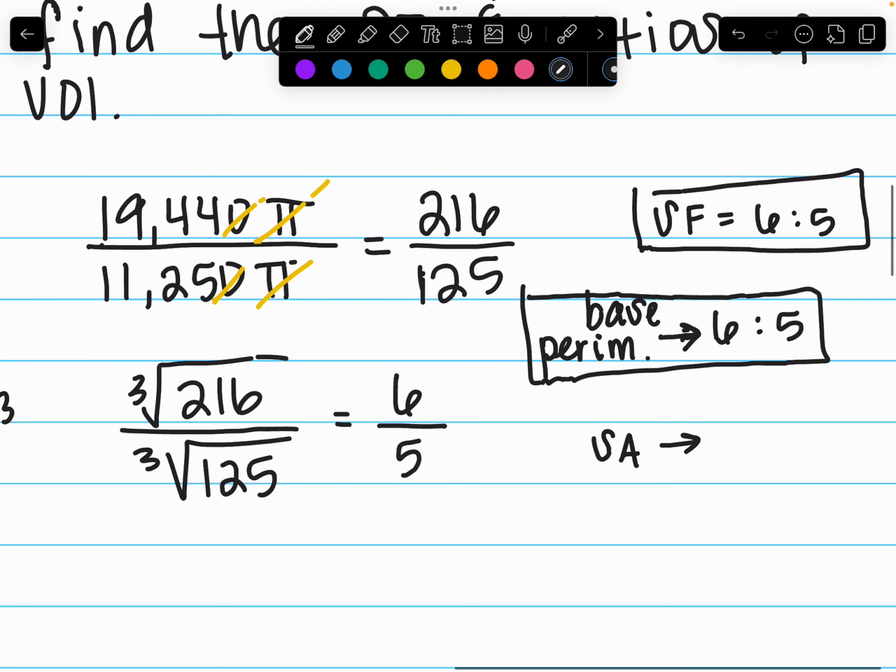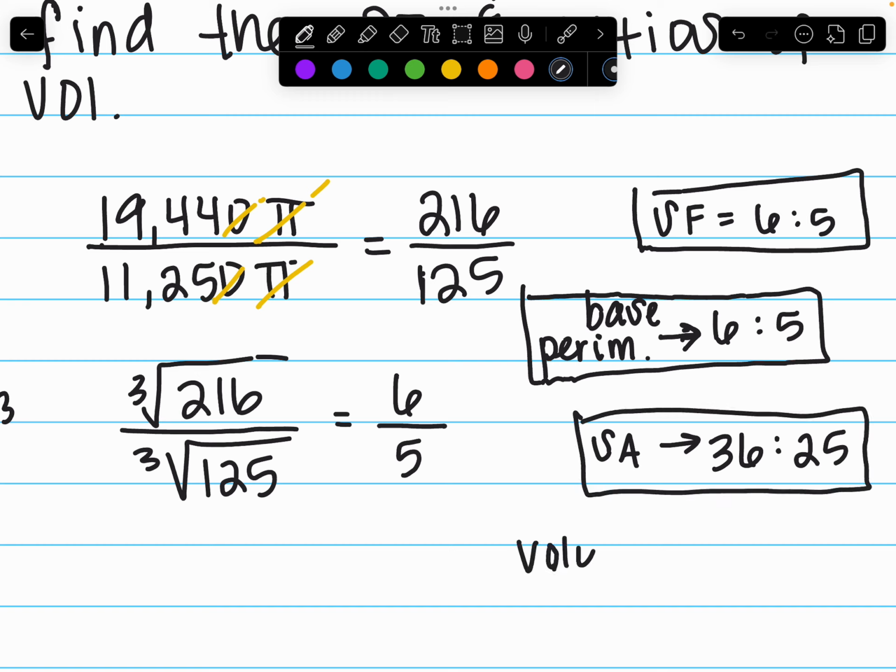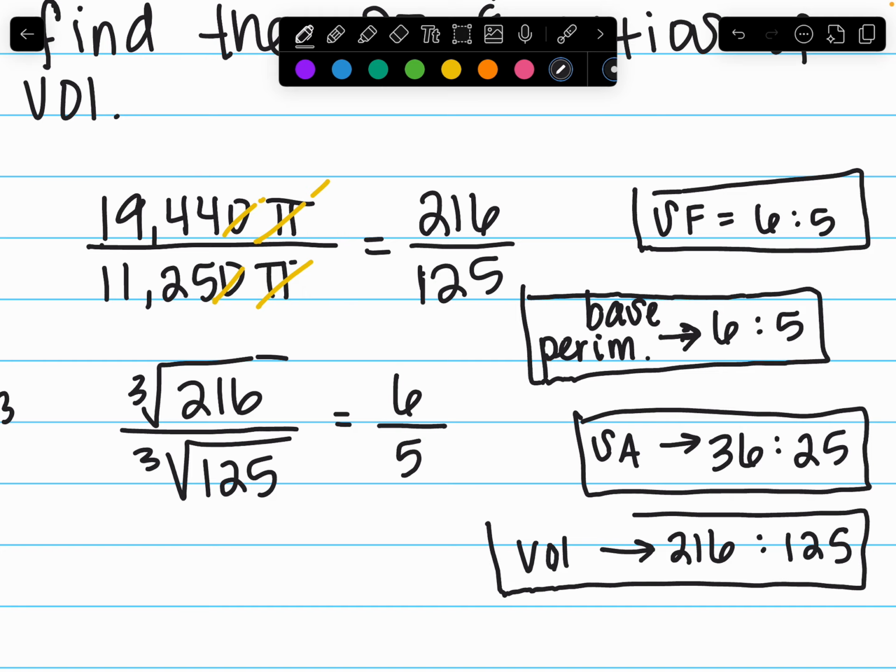And so that would be 6 squared, which is 36, to 5 squared, which is 25. And then the volume ratios would be 6 to the third power, which we already know was 216, and then 5 to the third power, which we already know was 125. That's the one we had started with anyway.